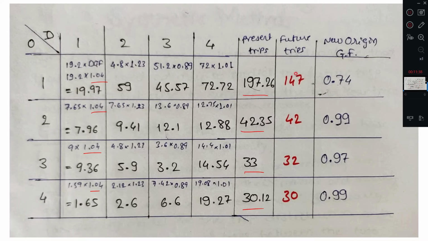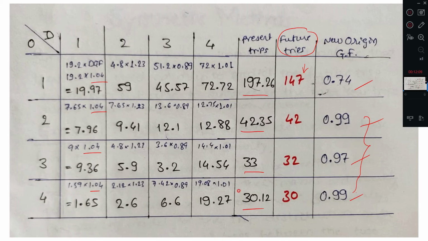And to calculate, this is given in the question itself, right? 147, 42, 32, and 30. That is future trips. It remains the same. So new growth factors are 0.74, 0.99, 0.97, 0.91. Almost near to 1. So here we can stop the iteration process, and these will be the trip distribution among the various zones, right?